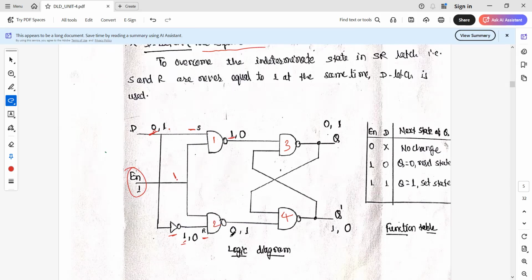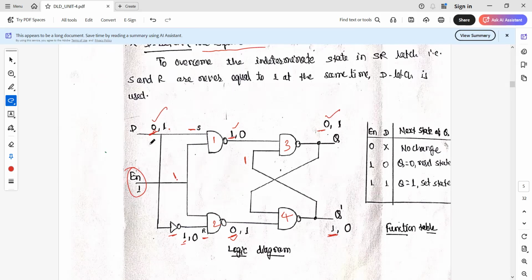Both inputs are 1, so the output is going to become 0. Now for NAND gate 3, one input is available, that is 1 here. And for NAND gate 4, one input is 0. Since NAND gate 4 has one input as 0, we are sure that its output is going to become 1. And now this 1 is given back as the input to NAND gate 3. So both inputs are 1, so the output is 0. So Q is 0. D was 0, and Q is also 0.